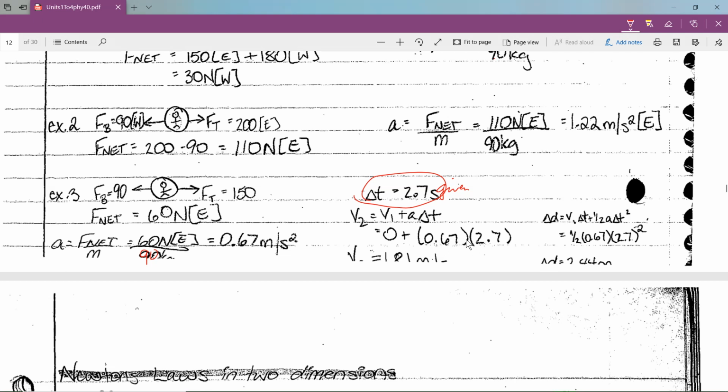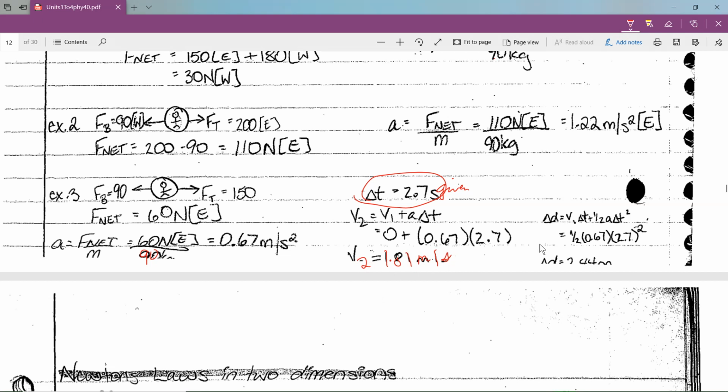So let's do 0.67 times 2.7. 1.81, I thought that's what it was. 1.81, that's V2. 1.81 meters per second. Okay, that's good.